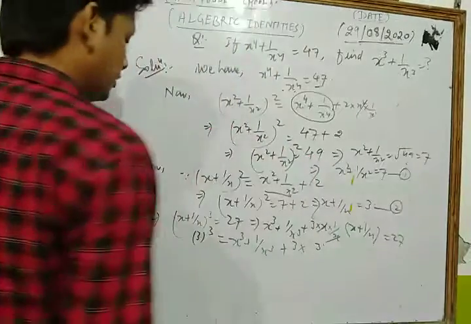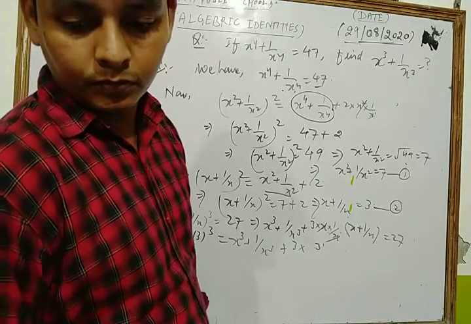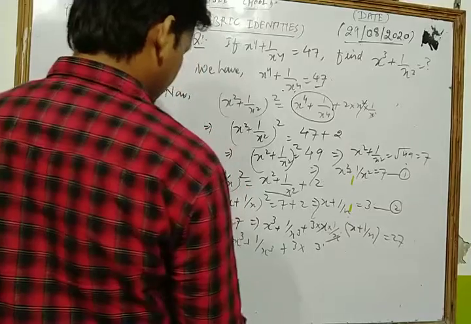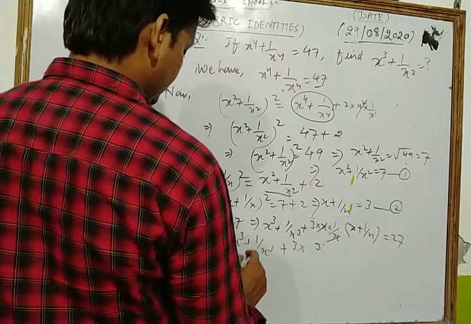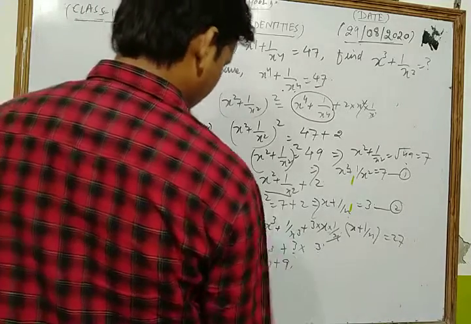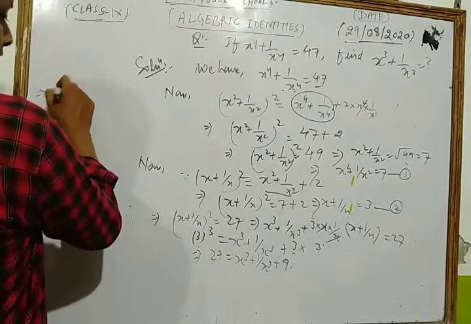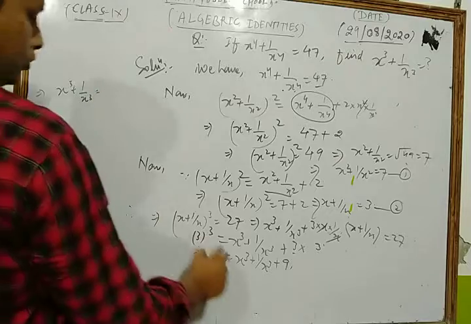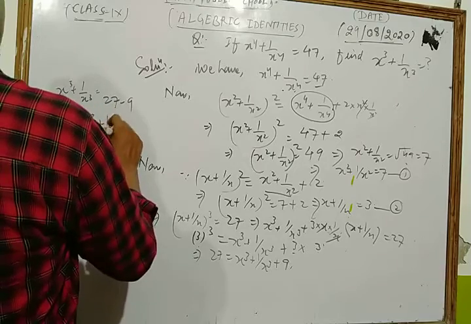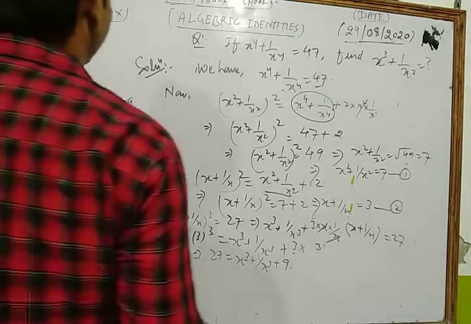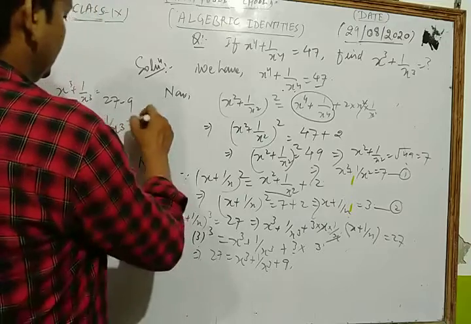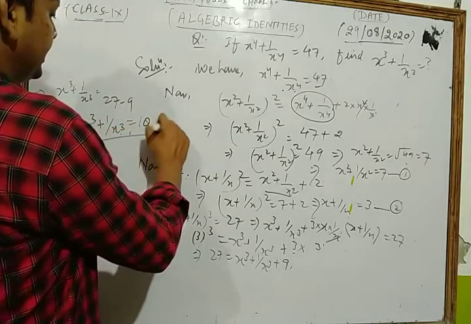So we put 3 again. 3 threes are 9, and 3 nines are 27. Now we write x cube plus 1 upon x cube is equal to 27 minus 9, which is 18. So the value of x cube plus 1 upon x cube is 18 in this question.